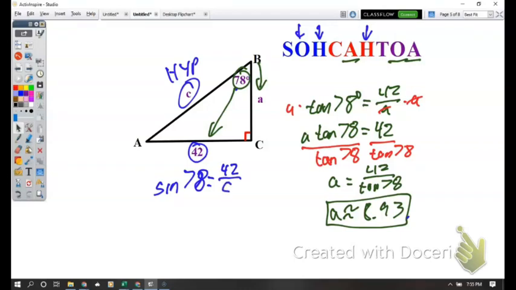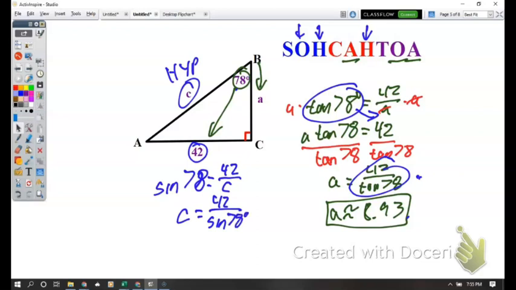So now if you'll notice over here, when we did the division, all that happened, we took this tangent and it moved to the bottom, right? See right here? The tangent moves to the bottom and the variable comes out to the top. So I'm going to shortcut this, and C is equal to 42 divided by sine of 78 degrees. Okay? Because that's what's going to happen.